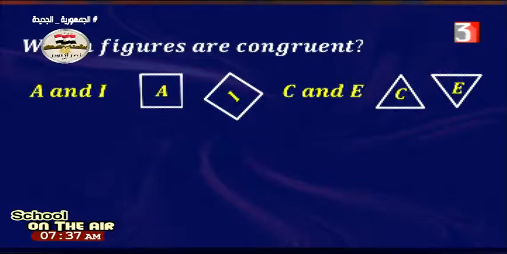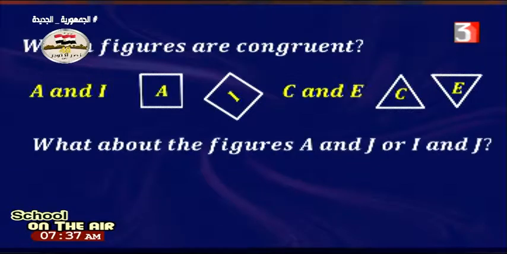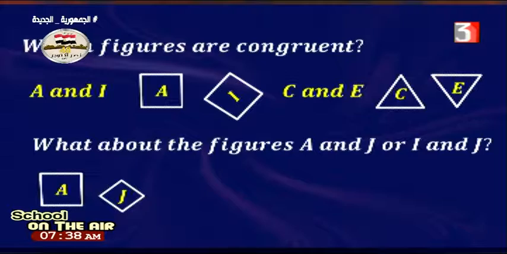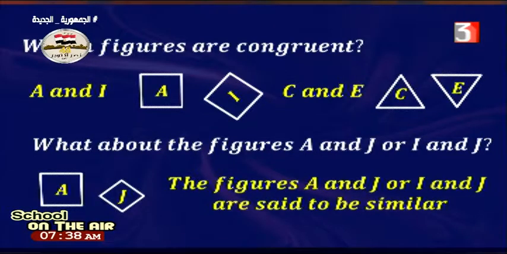Then you are going to check carefully that you have other figures which look like each other but not in the same size. So what about the figures A and J or I and J? Yes, of course, they look like each other but different in size. So in this case, we can say that the figures J and A are said to be similar.